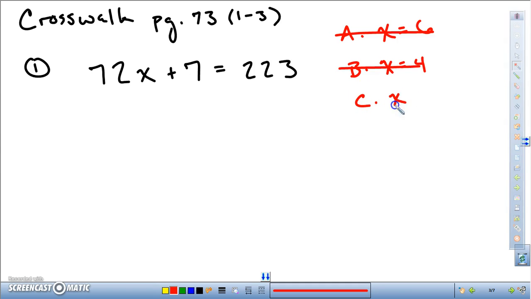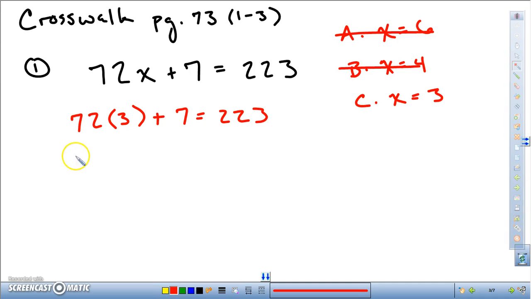X is equal to 3. Plug that in for the variable here. 72 times 3 plus 7 is equal to 223. Check and see if that gives you a true statement. 72 times 3 is 216. Okay, so it at least has a chance here.